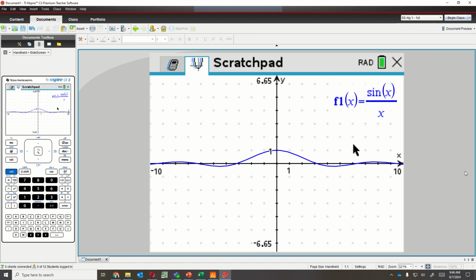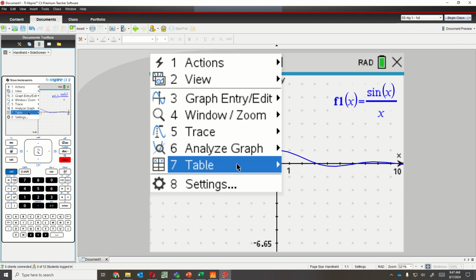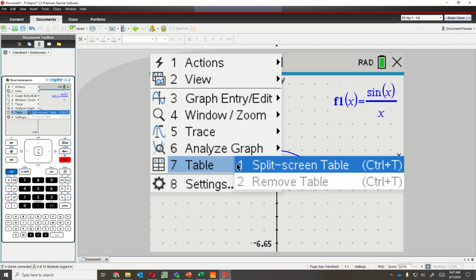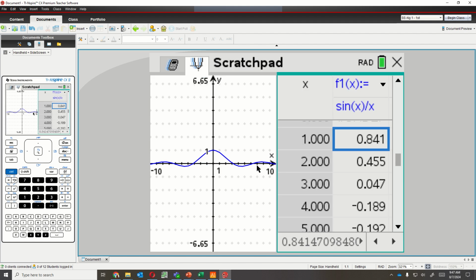So name and then calculate our numbers. The one I gave you, so I could actually make sure that's signed for everyone. All right, so we're gonna use the table again. Menu, table, split screen, and we're approaching 0.